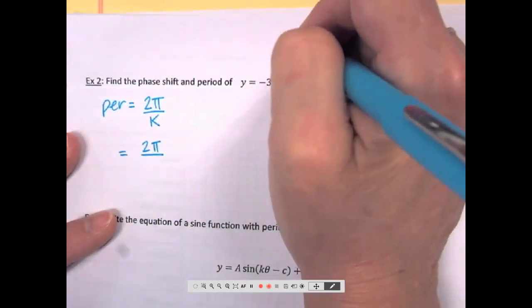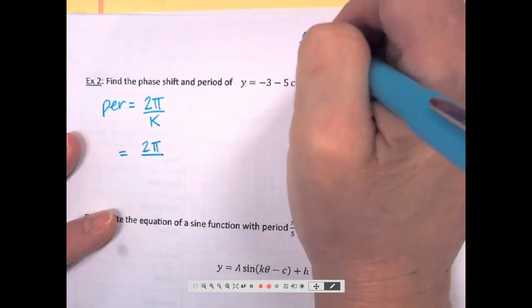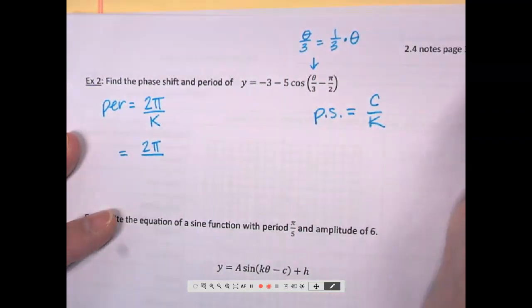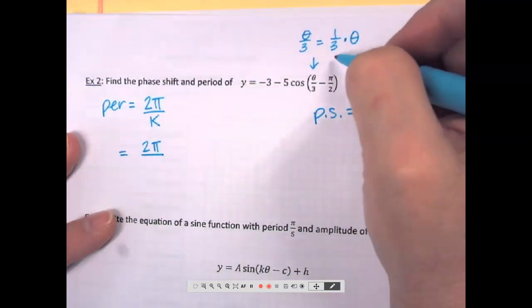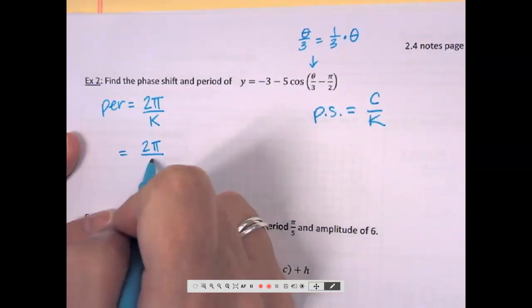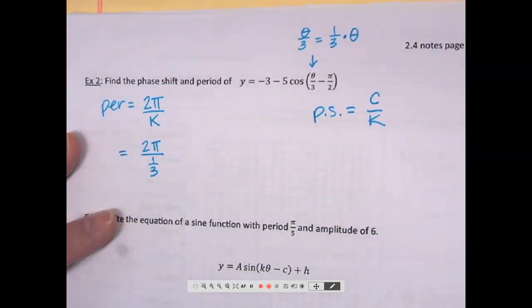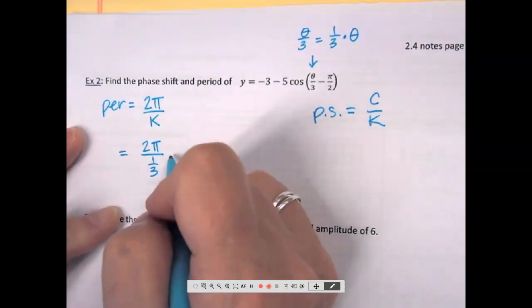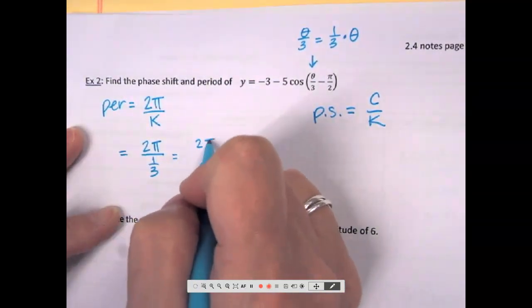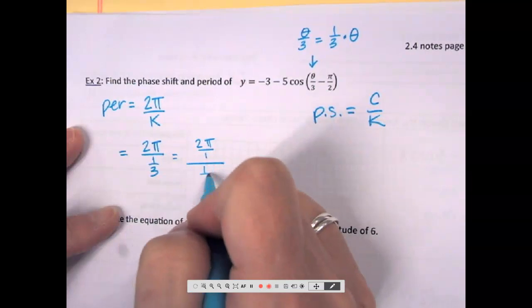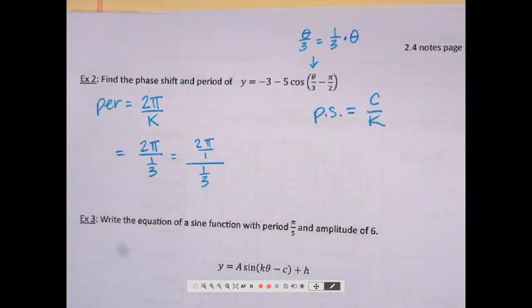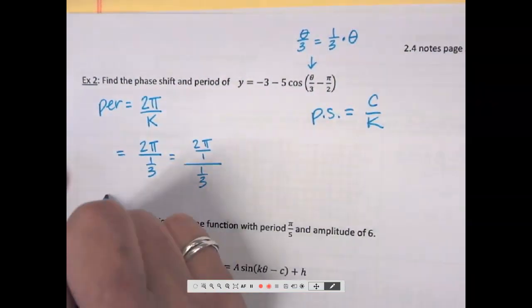Theta over 3 is the same thing as 1/3 times theta. So that tells me that the k value is 1/3. Okay, so if I think of that as 2 pi over 1 over 1/3, what does that give me? 6 pi.